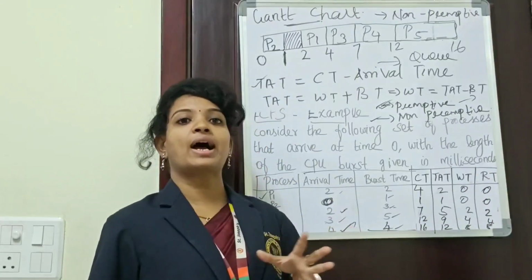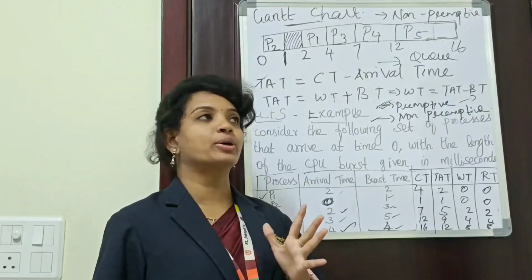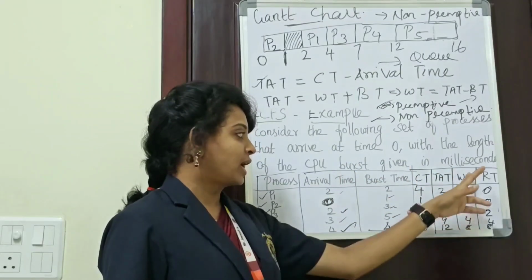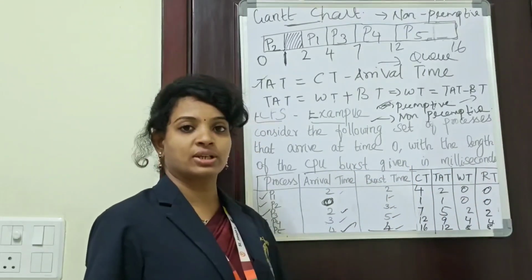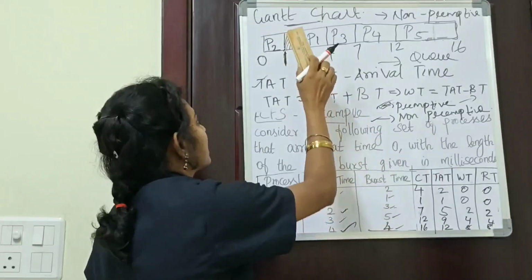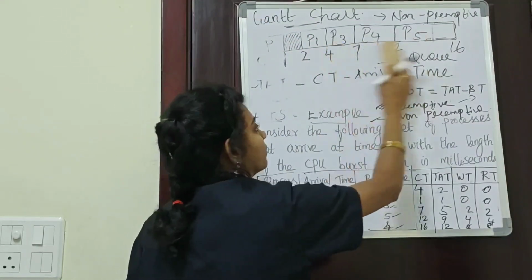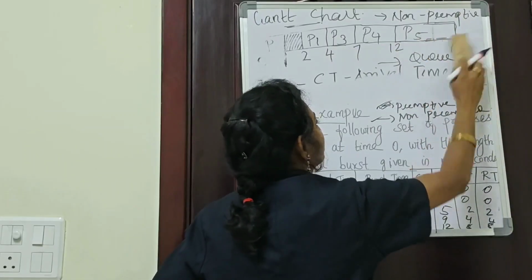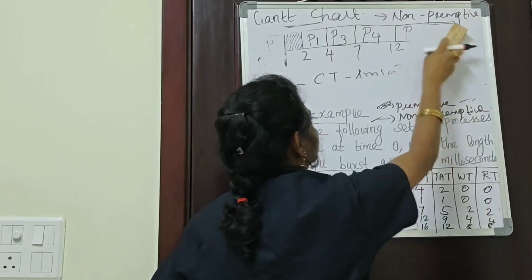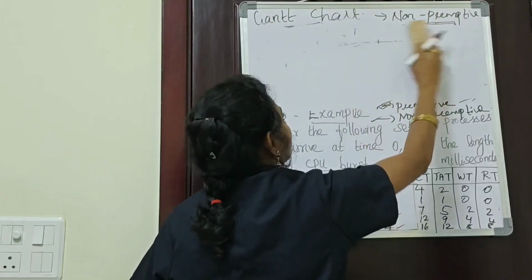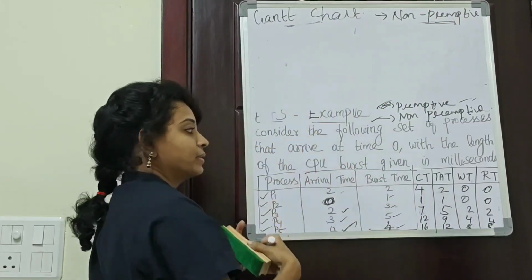In the question we are asked to calculate the average waiting time and the average turnaround time. So how will you calculate the average waiting time? We have to add.